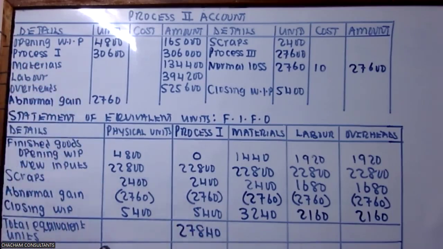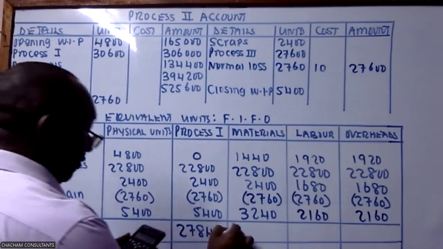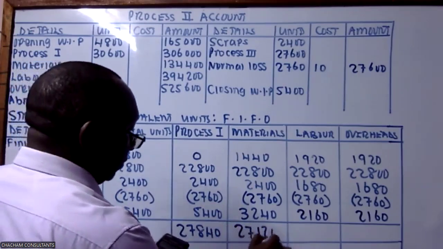Then 1,440 plus 22,800 plus 2,400 minus 2,760 plus that 240 is 27,120.